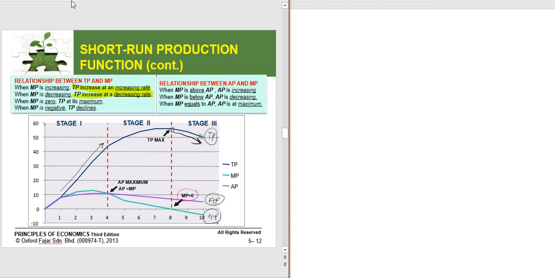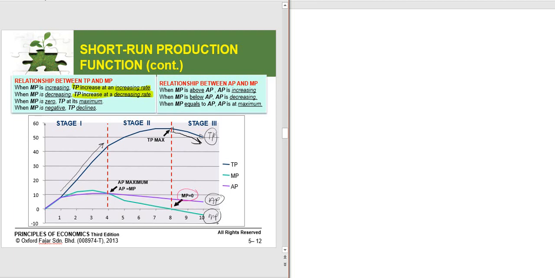Okay, adding more labor will no longer be productive for your production. So that is what happens at the 3 stages of the production. So you can see here the relationship between average product and marginal product.